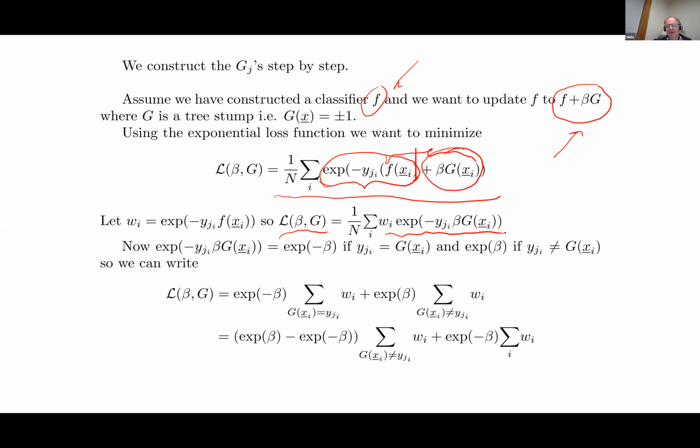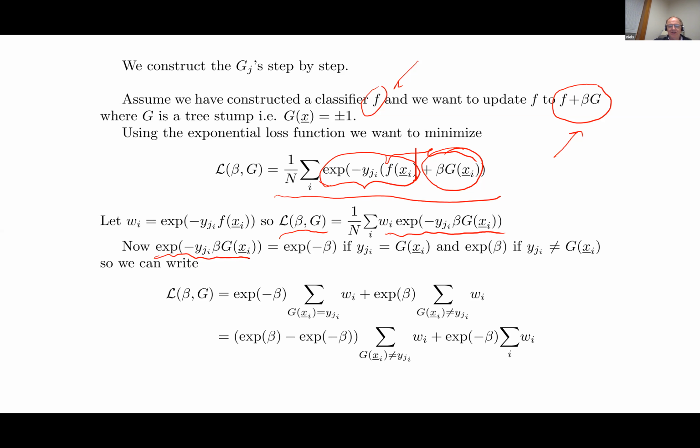We get this weighted sum of these exponentials. If you look at a particular one of these exponentials, both g of xi and yi, where yi here is the label for xi in our training set, are either plus or minus 1.